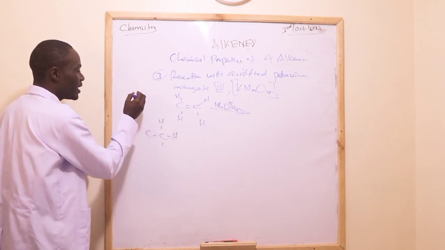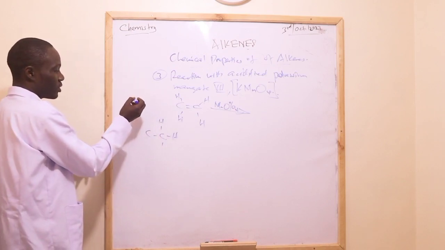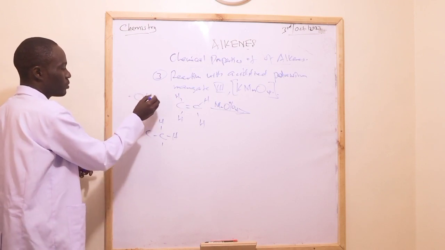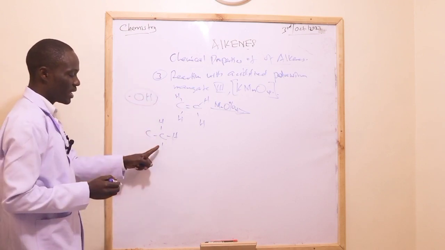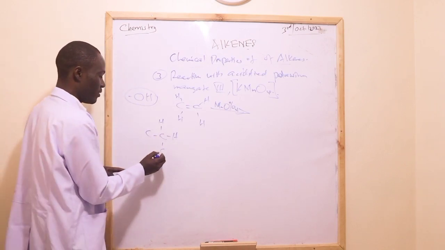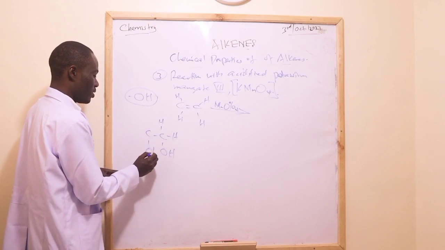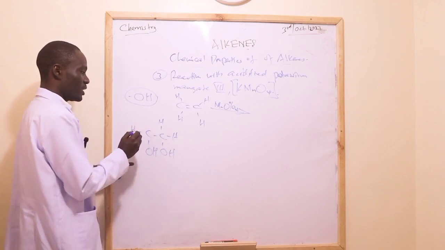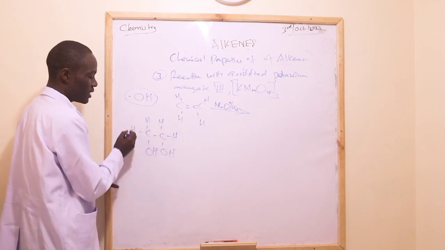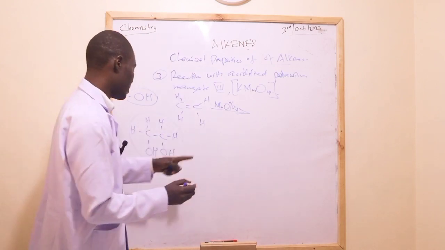It will be in the form of a solution. There will be formation of the OH functional group that will be attached to each carbon atom in this ethene member. We have OH here, another OH here. Of course, there are two hydrogen atoms on each carbon, as you can see. So this is the compound that will be formed in this case.